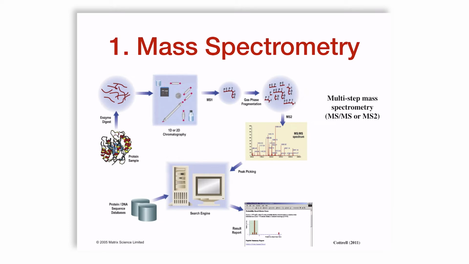Gas phase fragmentation then allows us to see these beautiful peaks that you see in the right part of this figure, which in turn are signatures of what polypeptides are present.